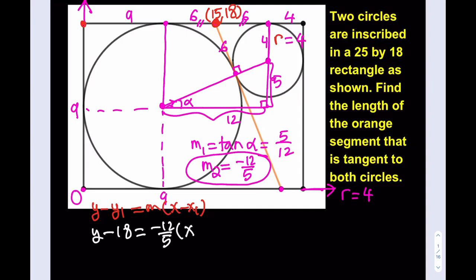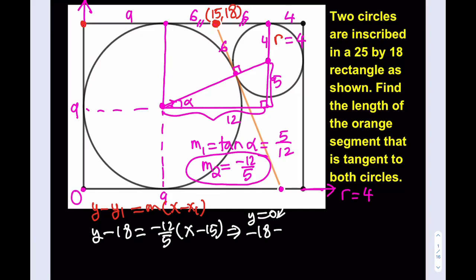And the x coordinate of this point here is going to be 15. All right, awesome. So this is my equation for the orange segment. I want to know where this intersects the x-axis. So what I need to do is replace y with 0. If you replace y with 0, then you'll get the x-intercept of this line, which is this point right here. So let's go ahead and do that.